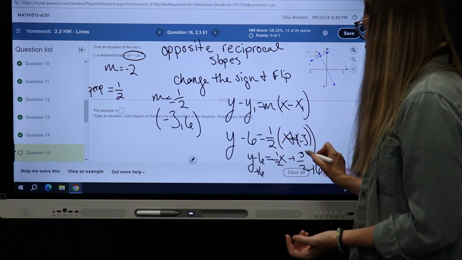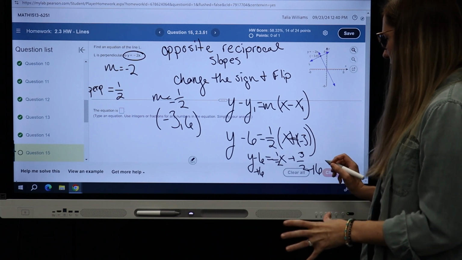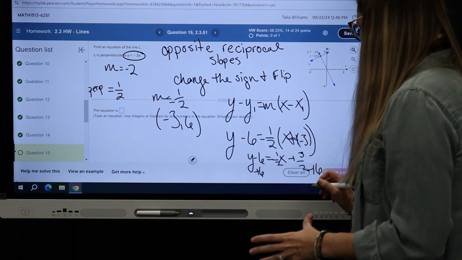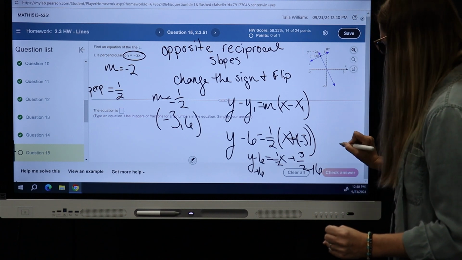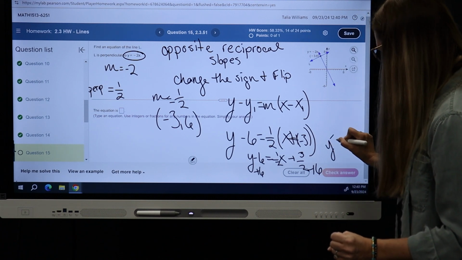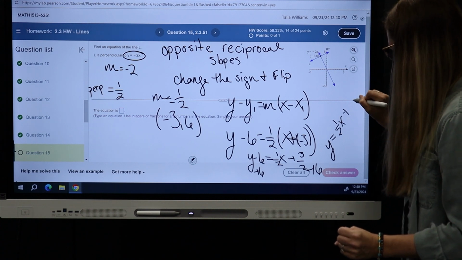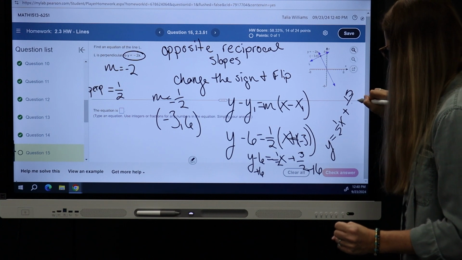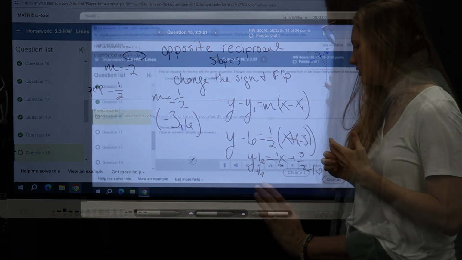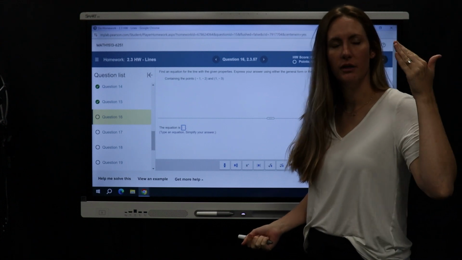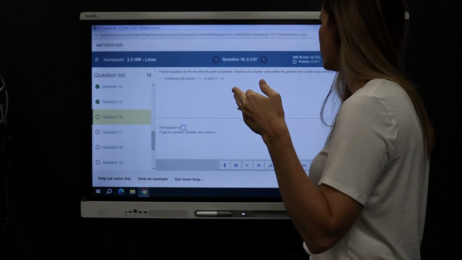So 12/2 plus 3/2 would be 15/2. I just don't know where to write it. Okay, so y equals 1/2 x plus 15/2. And I started this earlier, so that's why there's a mid-video wardrobe change.